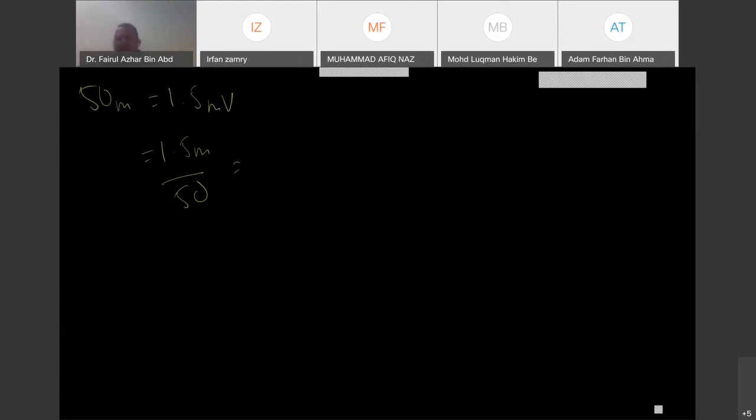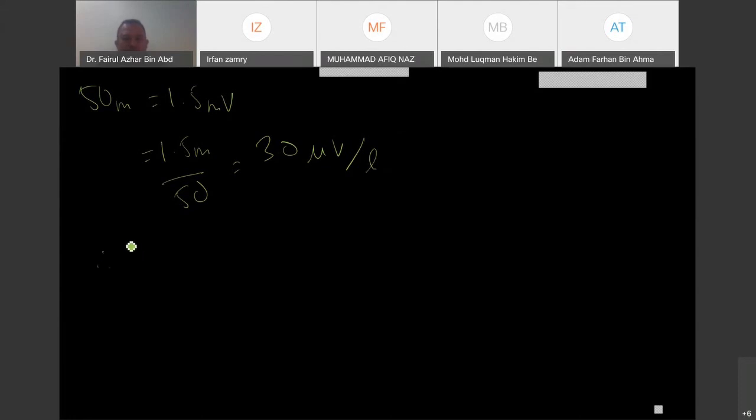Let's see whether we get the same result or not. So 1.5 millivolt divided by 50, then we will have 30 microvolt per meter of length.